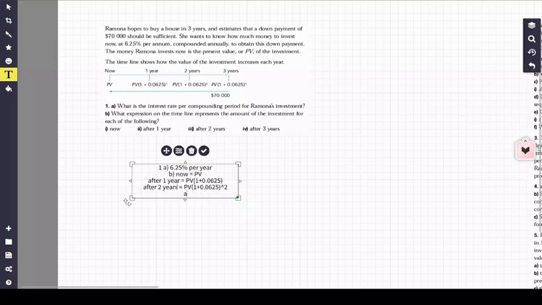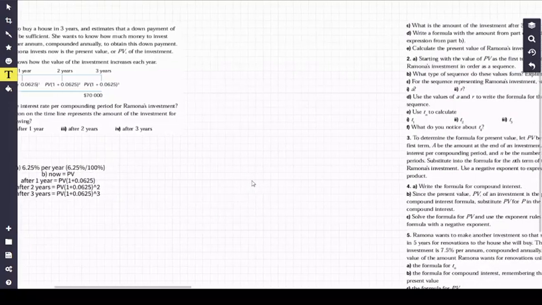After 2 years, it's going to be PV times 1 plus 0.0625, squared. After 3 years, it's going to equal PV multiplied by 1 plus 0.0625 to the third power. So we're picking up a pattern here. I hope you are. The power is changing, and also you have to do 6.25 divided by 100%, so you get rid of the percent and get the rate. Whatever, it does not really matter.